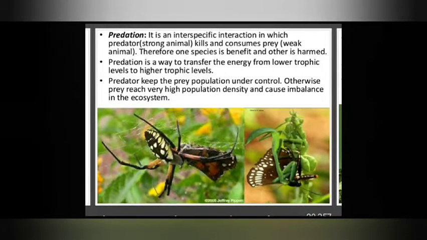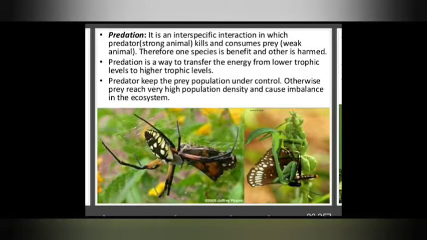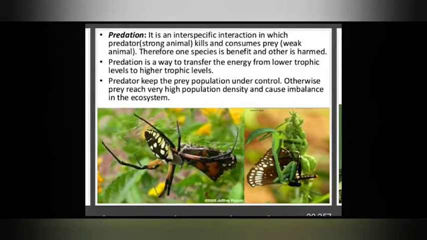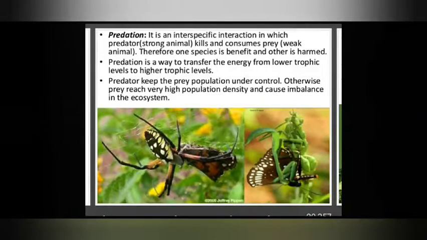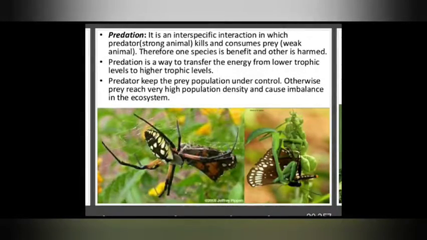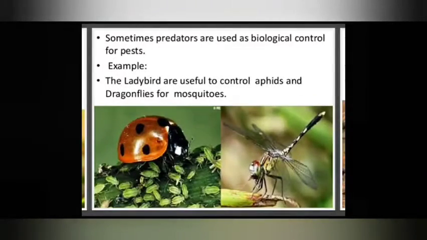Predation is a way to transfer energy from lower trophic levels to higher trophic levels. The predator keeps the prey population under control.